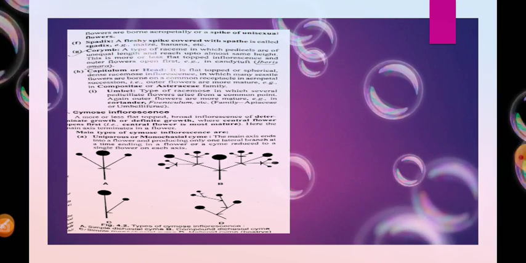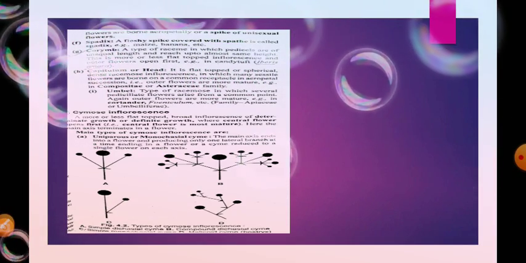Cymose type means a more or less flat-topped, broad inflorescence of determinate and definite growth, where the central flower opens first, that is, the central flower is the most mature. In the previous racemose type, when we talked about the umbel type, the outer flowers are more mature than the inner flowers.